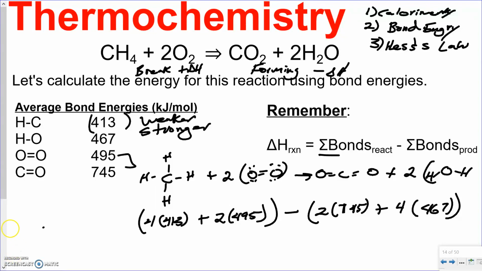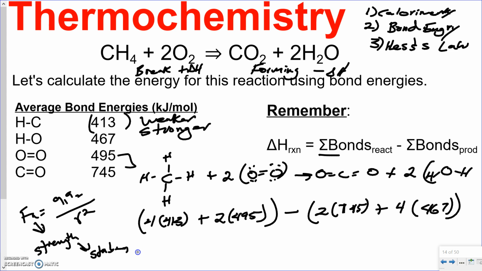Okay, so the answer here comes down to Coulomb's law, which remember is force of attraction is Q1 times Q2 over radius squared. This force of attraction is going to tell us the strength of the bond, and the strength of the bond is going to relate to the stability. The more stable it is, the more potential energy that is released, therefore it is going to have a higher bond energy.